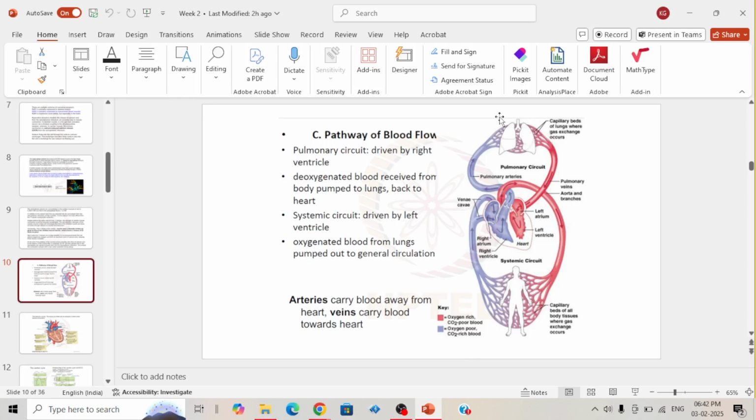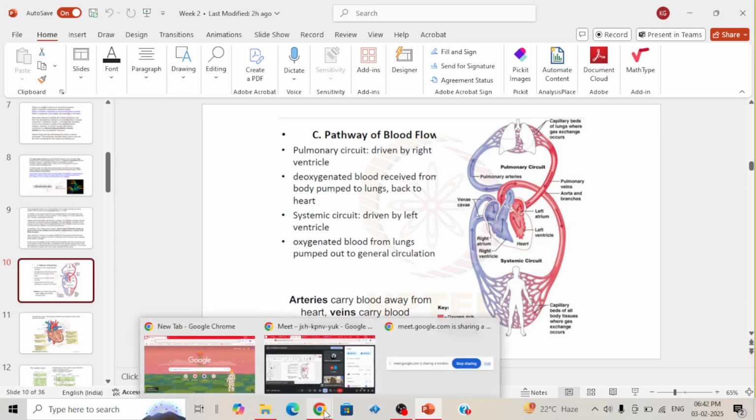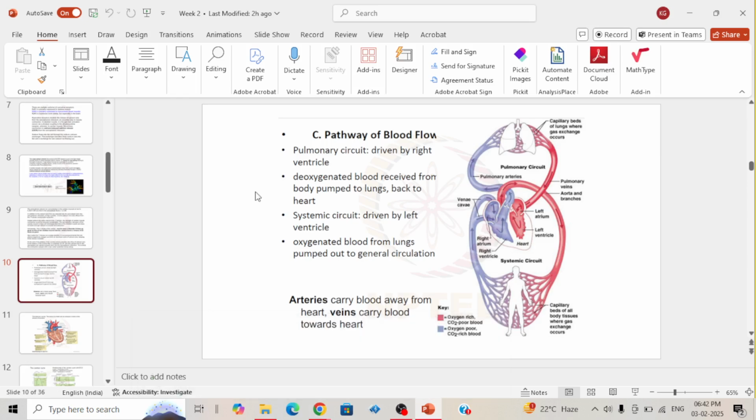I hope this basic cycle of the oxygenated and deoxygenated blood supply to the heart is clear to everyone. If you guys have any doubt, you can ask me. You can ask me now, you can ask me later. Totally your choice, no issues at all. So this is how the deoxygenated blood is carried to the lungs, and then oxygenated blood is brought to different parts of the body.